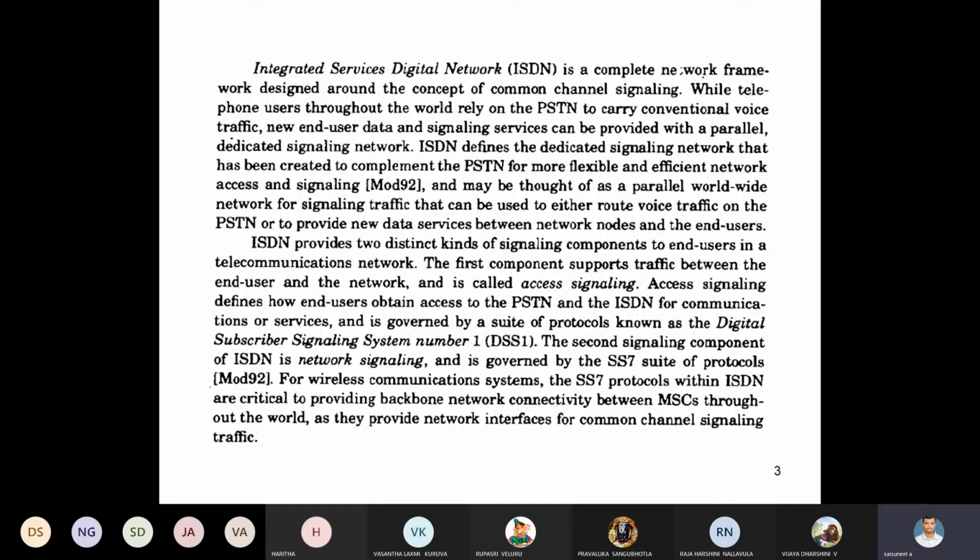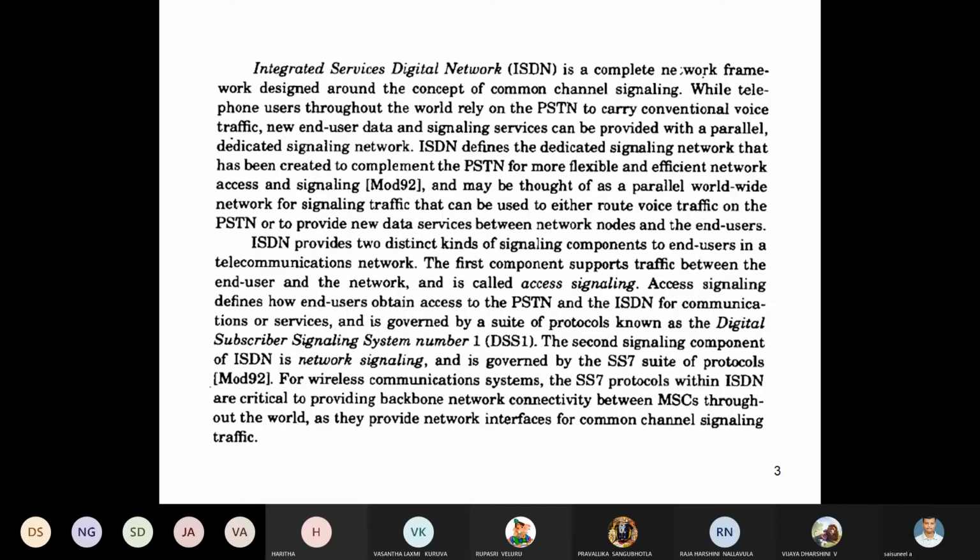This ISDN provides two types of signaling components to the end users. The first one is access signaling, the second one is network signaling. What is meant by access signaling?